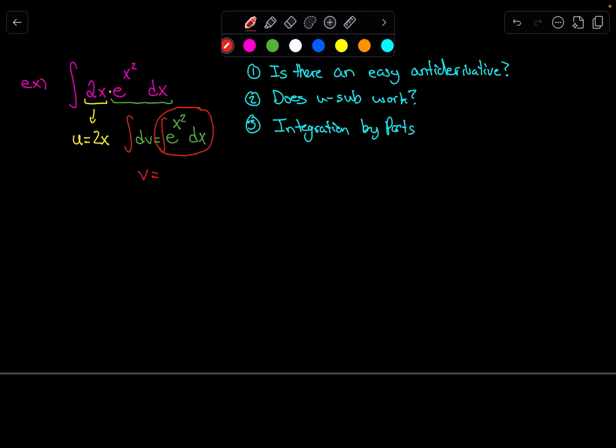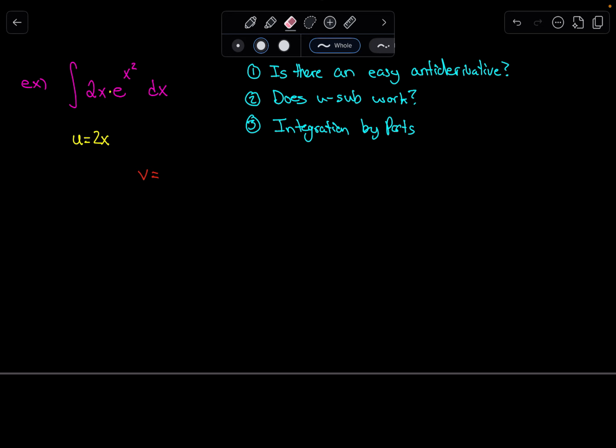You can Google it if you're interested, but this integral is not something I can readily integrate. There's no u substitution I can do. The derivative of e to the x squared is not e to the x squared, so that doesn't work. And so, for this particular method, maybe we have to swap our choices.